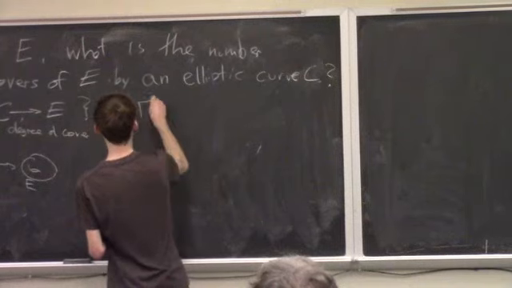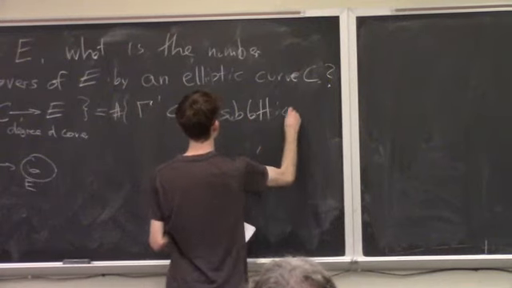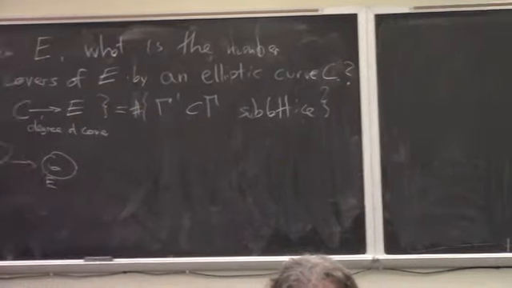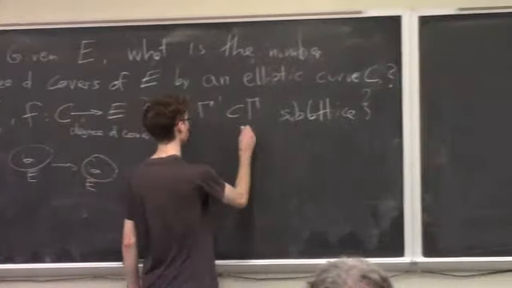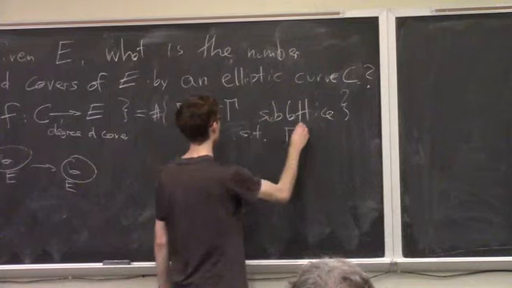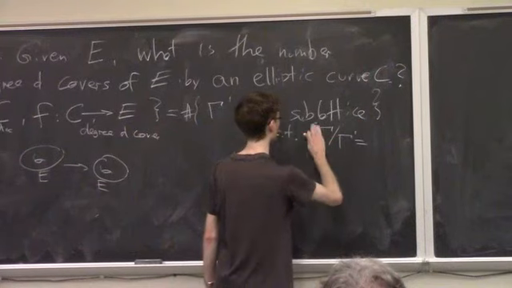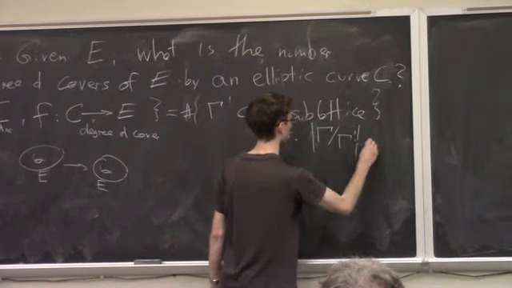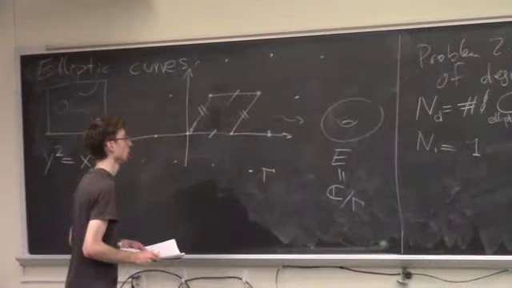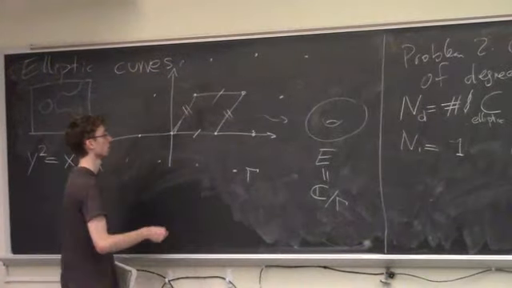So you're looking at the number of sublattices gamma prime of the lattice such that the quotient, the index of the sublattice, is d.